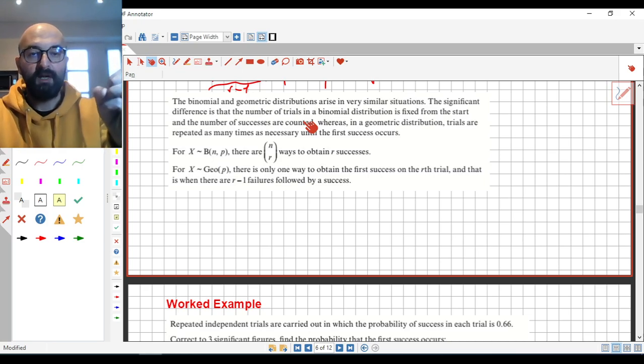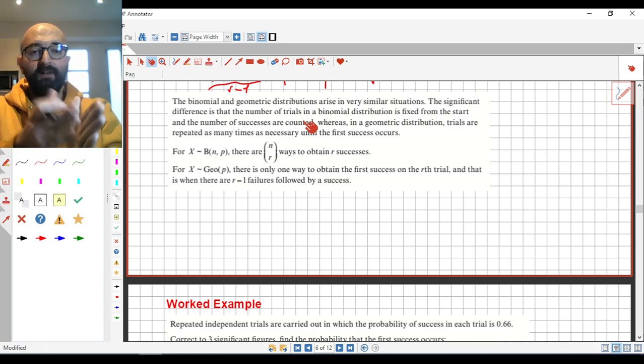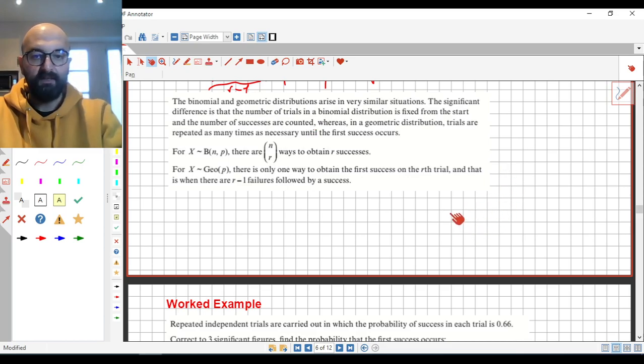Maybe the first trial has to be a success, and the third trial has to be a success, and the 10th trial has to be a success. So it doesn't matter the order.